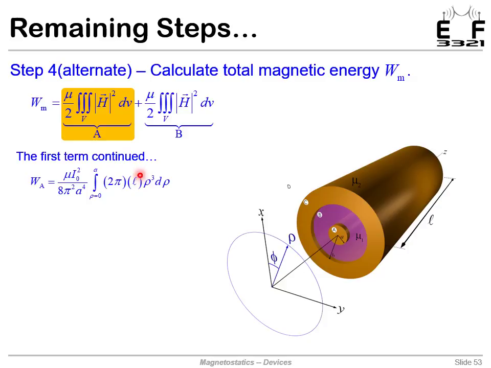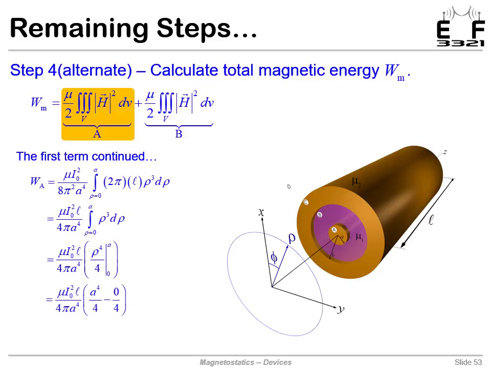The next thing would be to bring this 2 pi L to the outside of the integral. And now we're just left with integrating rho cubed. So the integral of rho cubed is rho to the 4th divided by 4. And so we'll evaluate that at the limits and then subtract. And then we can simplify that. And we have our final expression for the magnetic energy in the inner conductor.